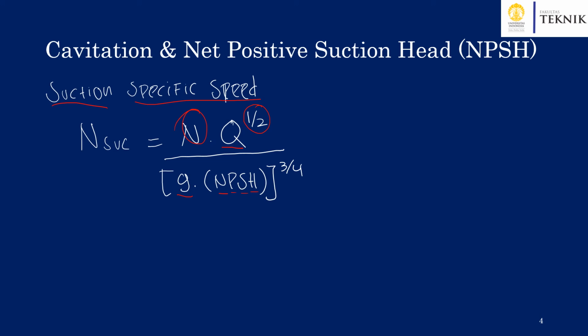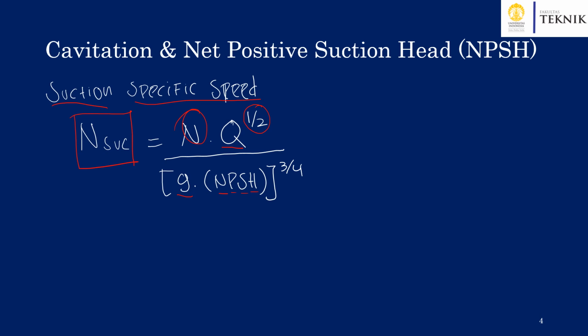The suction specific speed can also be called a function due to cavitation that influences the pump efficiency, and this parameter is a dimensionless specific speed at the suction.